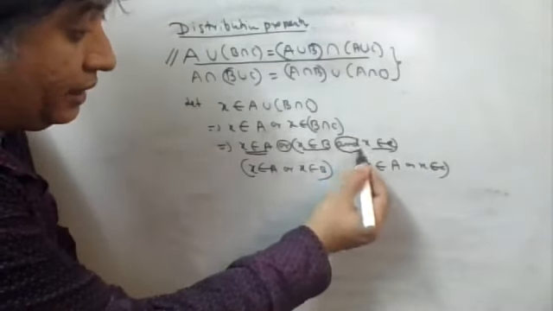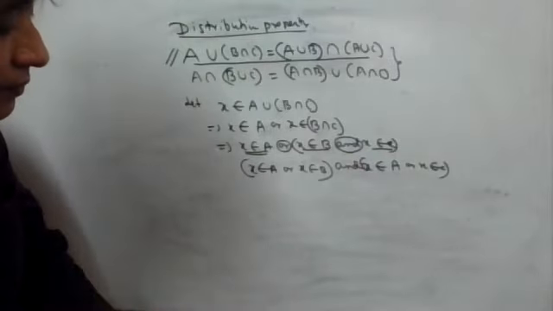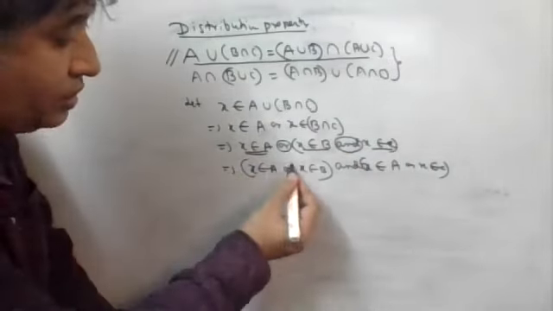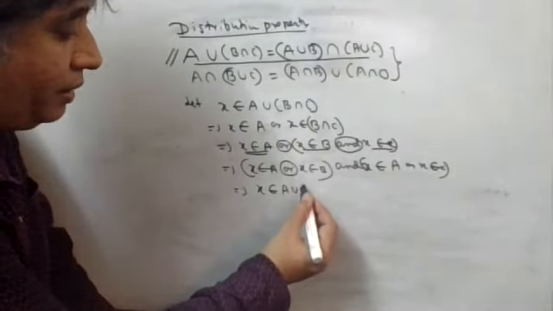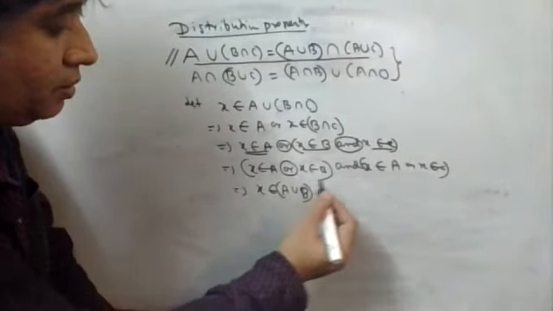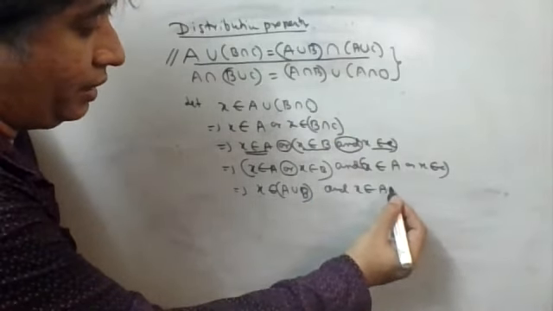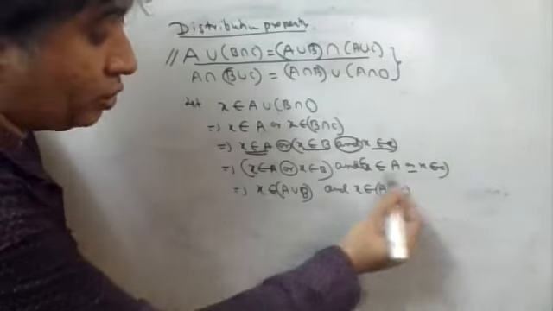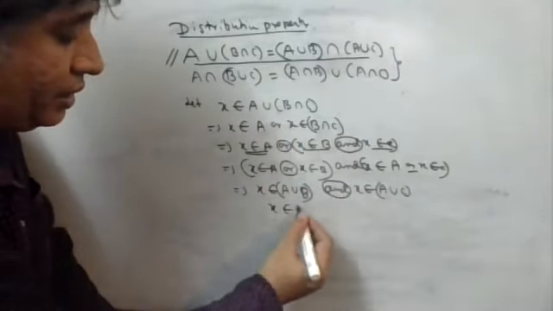And there is the operation AND between them. Now, instead of OR, I can write X belongs to A union B and X belongs to A union C. Why? Because OR means union and AND means intersection.